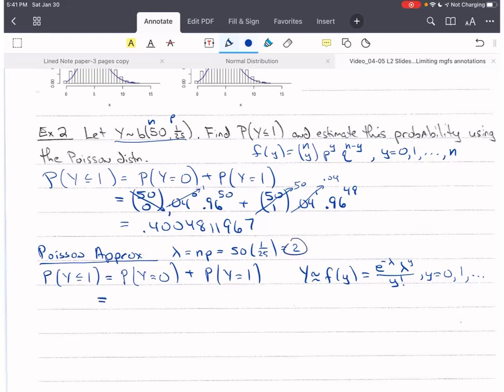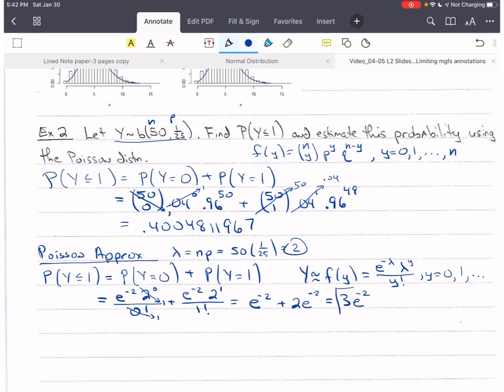So this is equal to e to the negative 2, 2 to the 0, that's y, over 0 factorial, plus e to the negative 2 times 2 to the 1 over 1 factorial, which is equal to, this is 1, this is 1, so this is e to the negative 2 plus 2e to the negative 2, which is 3e to the negative 2.